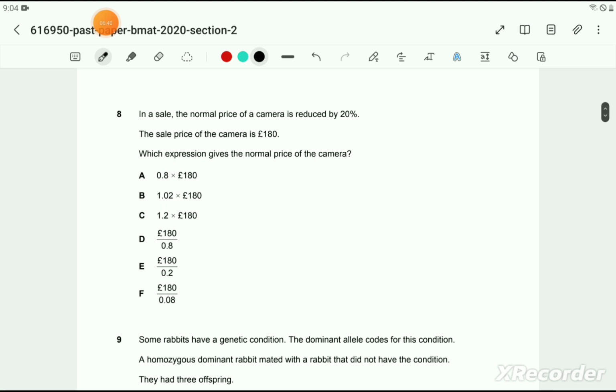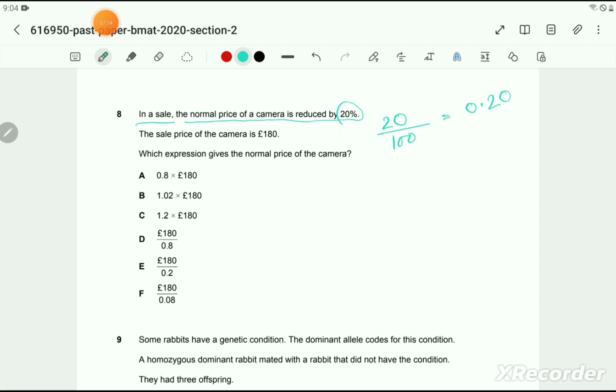Okay, number 8 is also a mathematics problem. Let's read the question first. In a sale, the normal price of a camera is reduced by 20%. So 20% reduction, that means 20 divided by 100, that means 0.2 fraction is reduced.